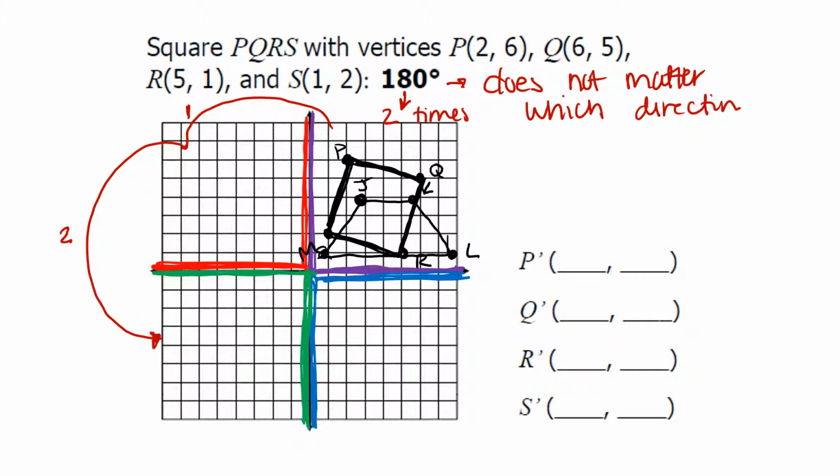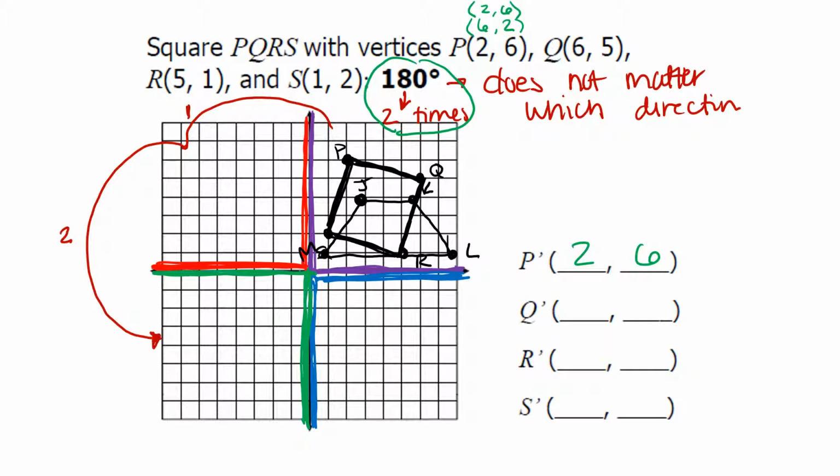Now when it comes to our actual points, we want to turn the points 2 times. So starting with letter P, if I turn the point 1 time, it would give me 6, 2. We want to turn the point 2 times because it's 180. So I turn it again to 6, 2.